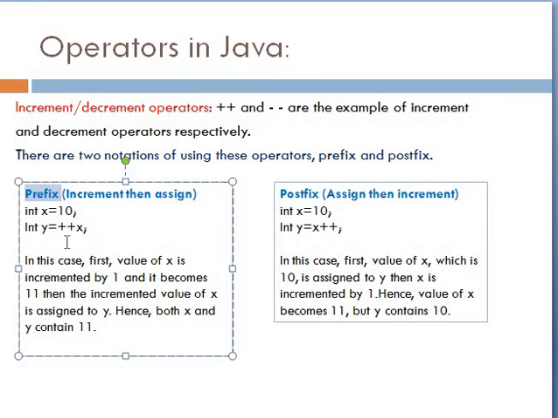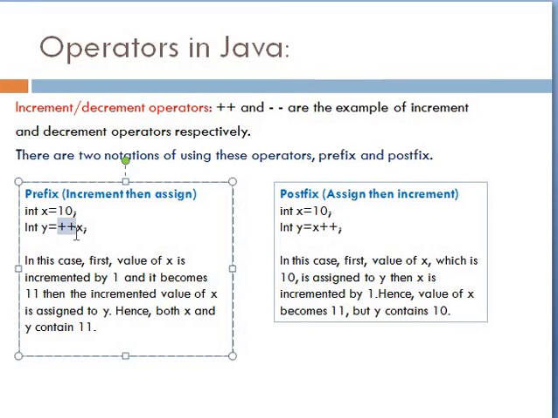Then look at the second Java statement. Here the variable y, declared as data type int, has been assigned the value of ++x. Now as the logic for the prefix notation is increment and then assign, in this expression, y = ++x, the increment shall be done first.